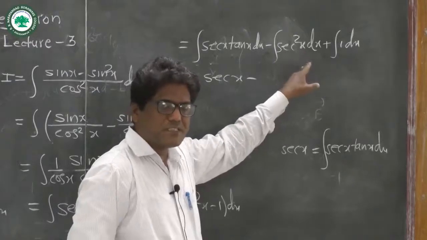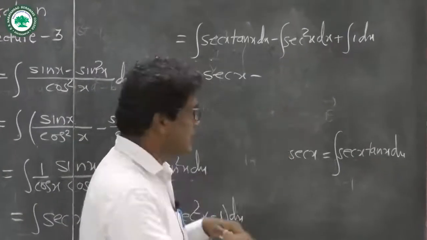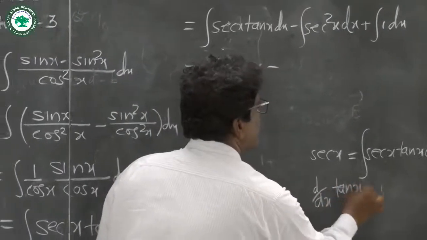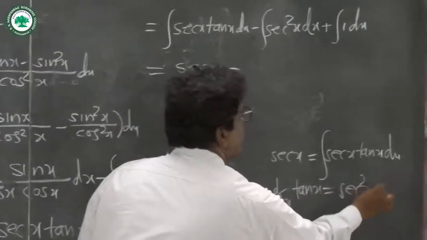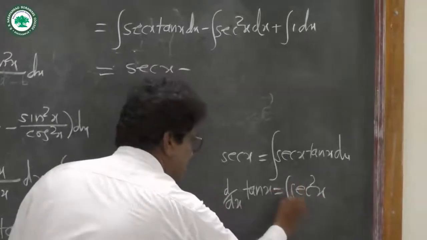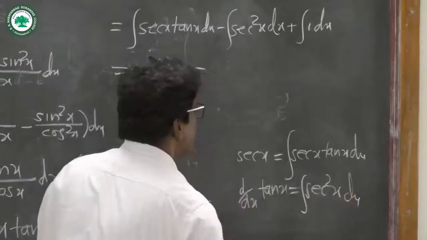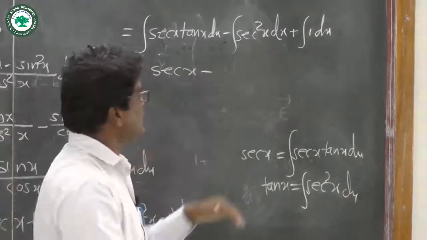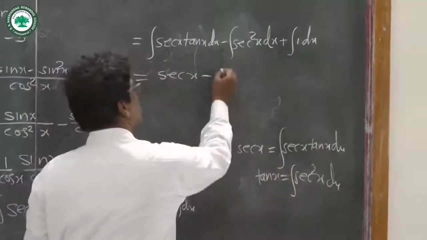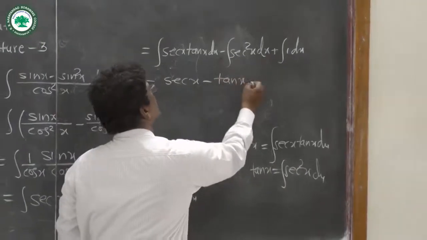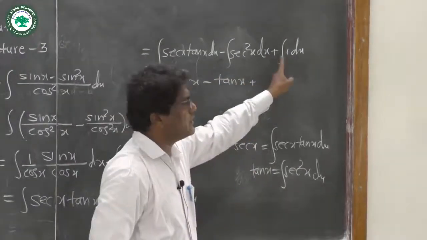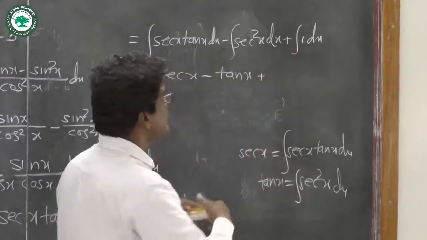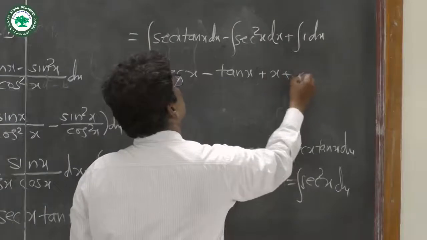Now sec square x is the derivative of tan x. We know here d by dx of tan x is equal to sec square x, and therefore integration of sec square x dx is equal to tan x, and therefore we write integration of sec square x dx as tan x, plus integration of 1 dx. 1 is the derivative of x, and therefore integration of 1 is x plus constant of integration.